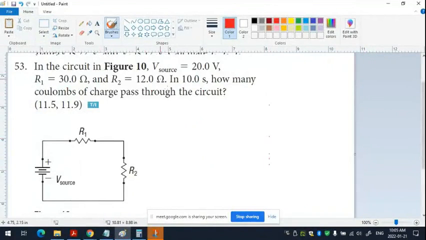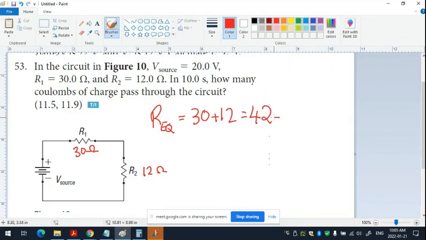What's Req? Only two in series. What do I just do? Add them up. So this one is 30, and this one is 12. So 30 plus 12 is equal to how much? 42. Okay, so what do I do now?